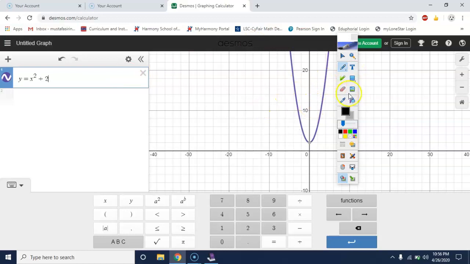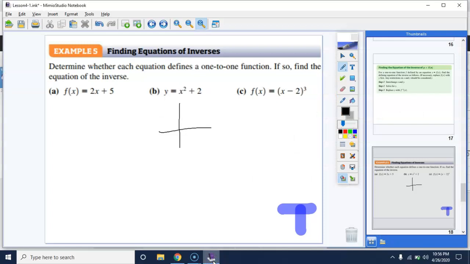Oh, that's what we got, right? So is this one-to-one or not? As you've seen, a horizontal line will cross it twice, right? So that's why it won't be 1 to 1. Let me graph over here, this is not 1 to 1. So it doesn't have an inverse, no inverse there.